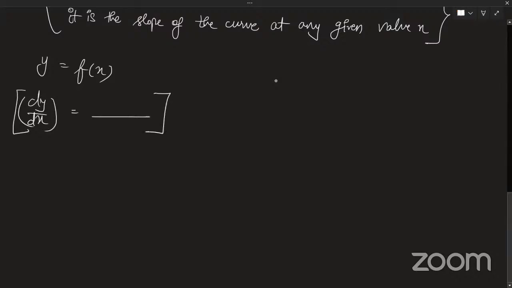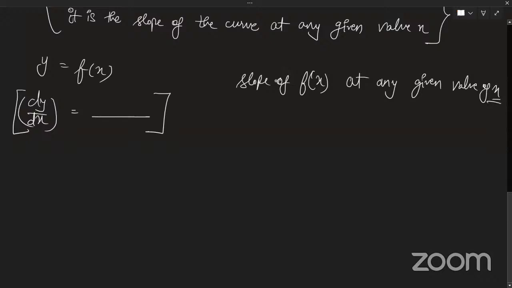Now, if I am asking you to find the slope of f of x at any given value of x, how will you do it? You will just input this value of x over here, and whatever the result comes out to be, that will be your slope of f of x, right? This is the basic we had learned.